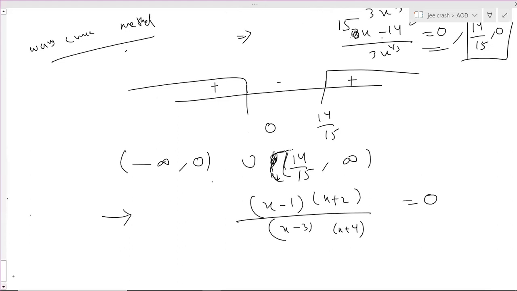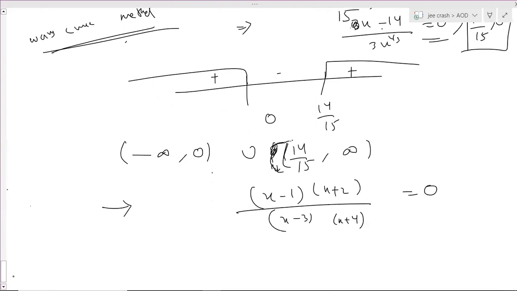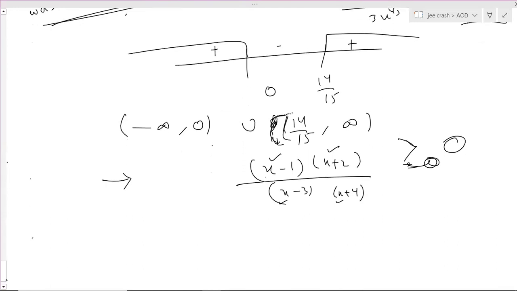We have few conditions to satisfy wavy curve method. The coefficient of x should be always positive, and this is true for inequalities also. If it is not positive, take a negative common, throw it to that side. That will not create any issue.